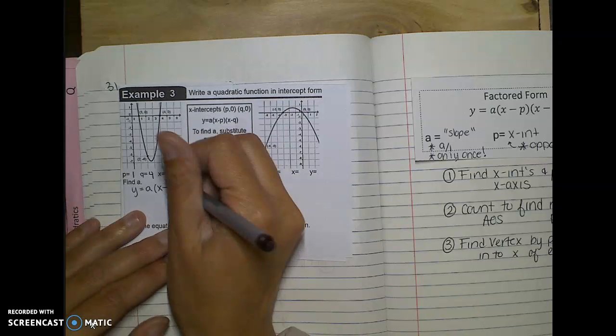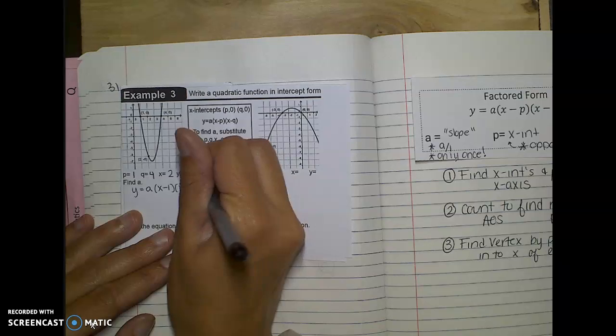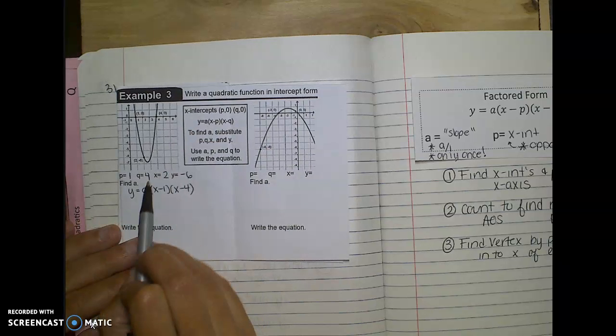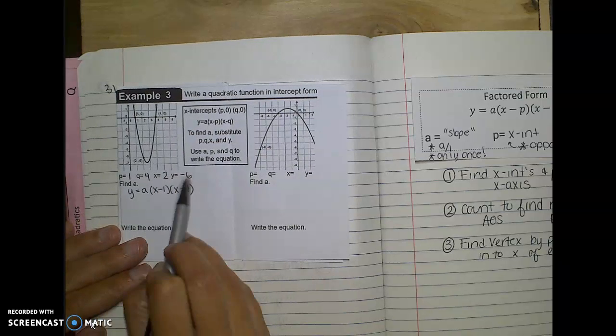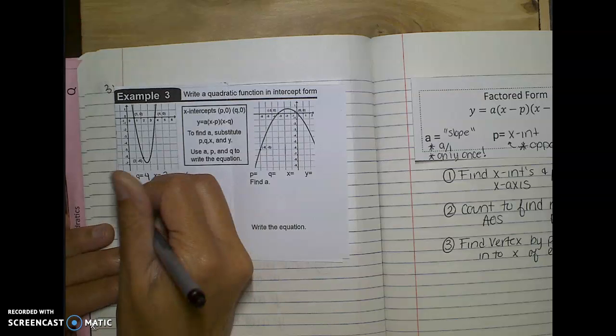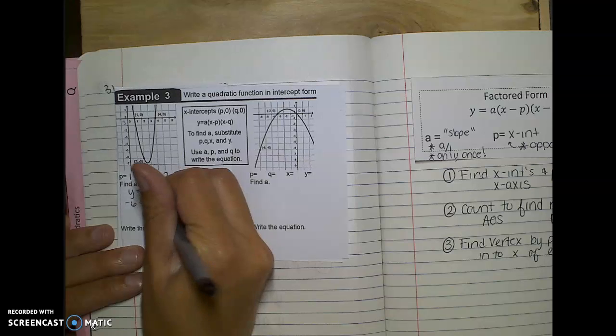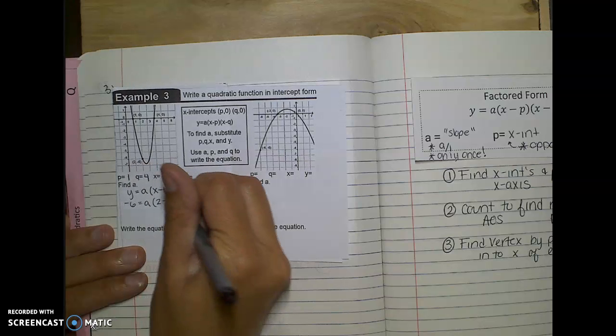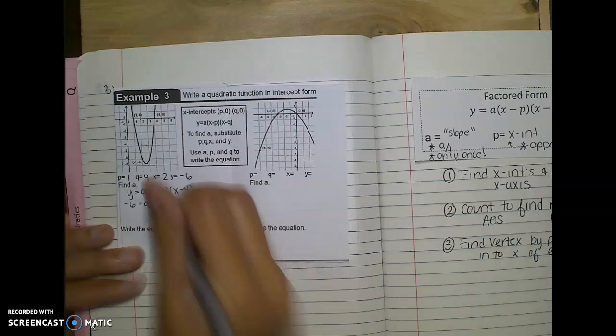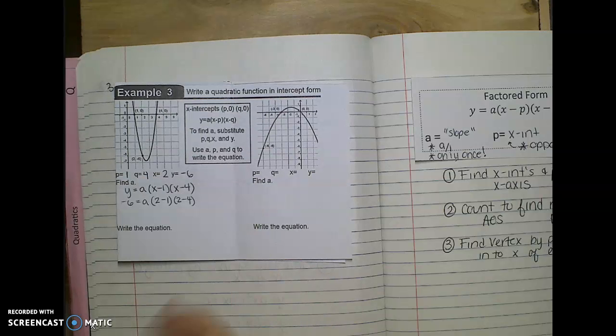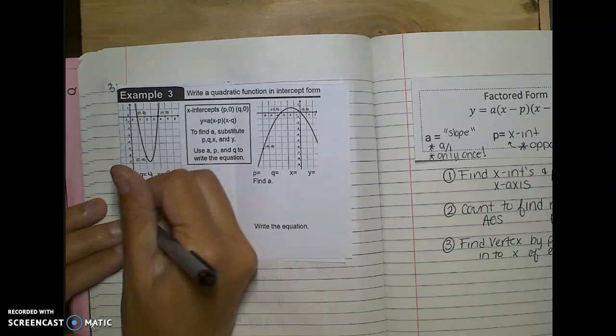But I do have a point, (2, negative 6), where I can put in 2 for x and negative 6 for y and solve for a. So I'll have negative 6 equals a times 2 minus 1 times 2 minus 4. Now these numbers won't be opposites of each other, because we're not finding the vertex.